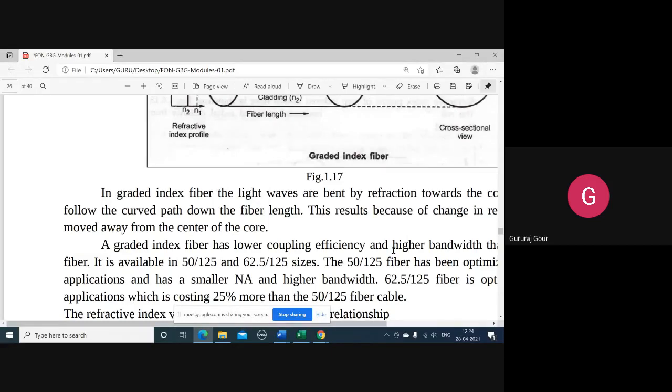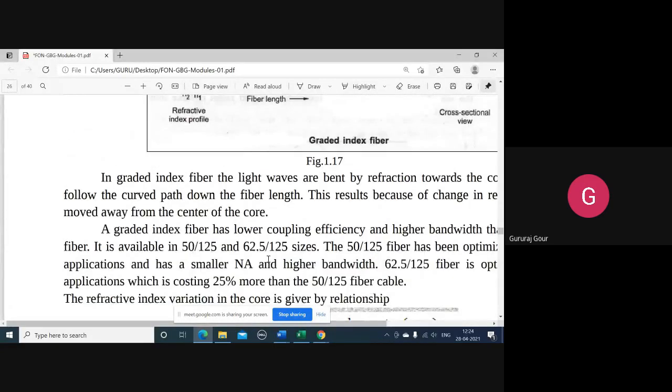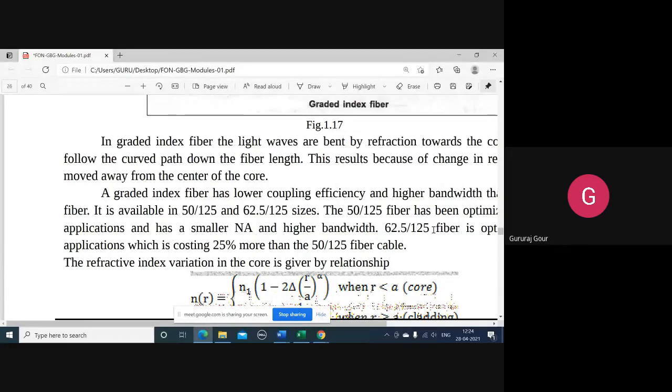Now, that's how you can see the coupling efficiency is very low, for 50 or 62.5 micron cores. The 50 graded index fiber is used for long haul applications, and 62.5 is optimized for LAN applications. So this is about the coupling efficiency with respect to both step and graded index fibers.